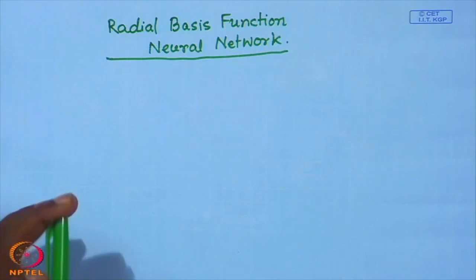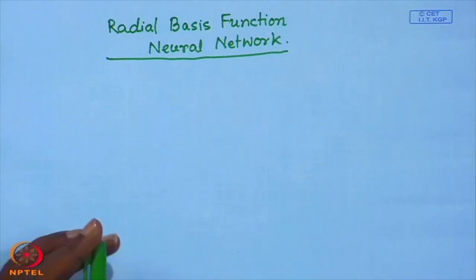So, in the last few classes, we have talked about neural networks and the application of neural networks for pattern recognition. Particularly, we have talked about two types of neural network. One was the Hopfield neural network, where we have said that the Hopfield neural networks are basically meant for binary feature vectors.